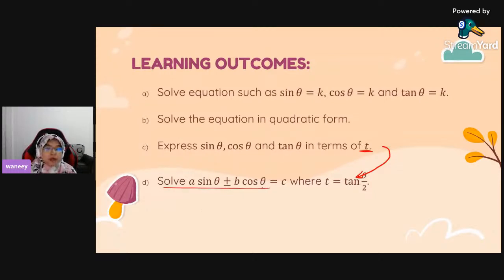So it will be very tough for us to solve if we have the sine plus a cos or a sine minus a cos. Therefore, we are going to use something called the t substitution, where we let t equal to tangent theta over 2. We change everything in terms of t, solve for the value of t, and then go back to find the value of theta. So that is basically what we are going to learn today.